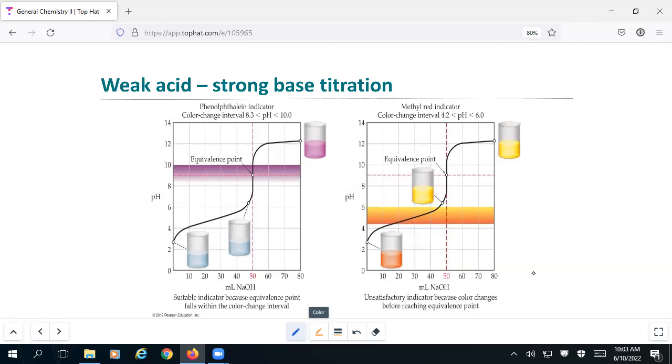Here we have a weak acid, strong base titration. In that weak acid to strong base titration, we have two options. We could use phenolphthalein, which is kind of our indicator of choice most of the time, or we could use methyl red.